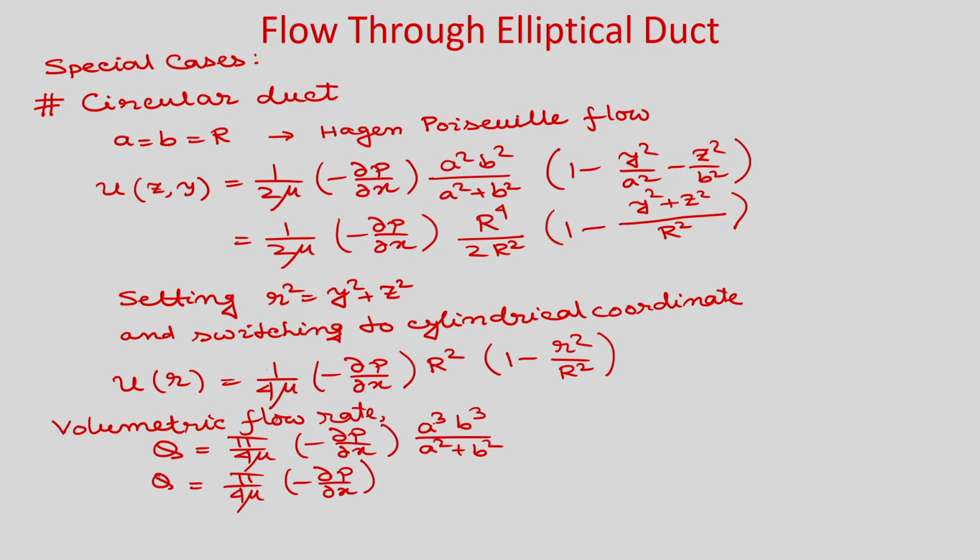So, you can see it will be r cube. So, r to the power 6 divided by 2 r square, and finally, you can write q as, so pi by 8 mu minus del p by del x r to the power 4. So, it is the same expression what we derived for Hazen-Poiseuille flow.